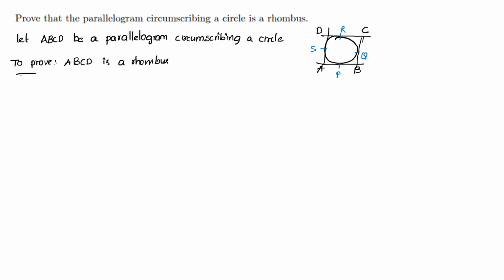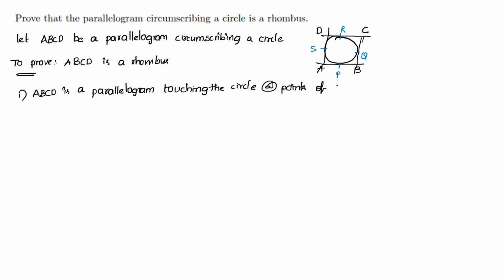Now the first thing is, since ABCD is a parallelogram touching the circle at points of contact P, Q, R, S, from the figure we can tell that AP is equal to AS, right?